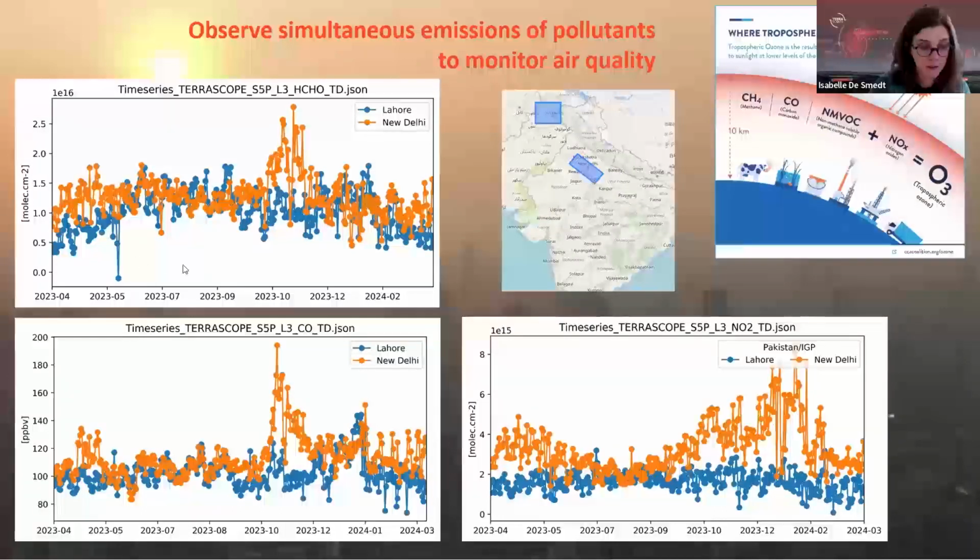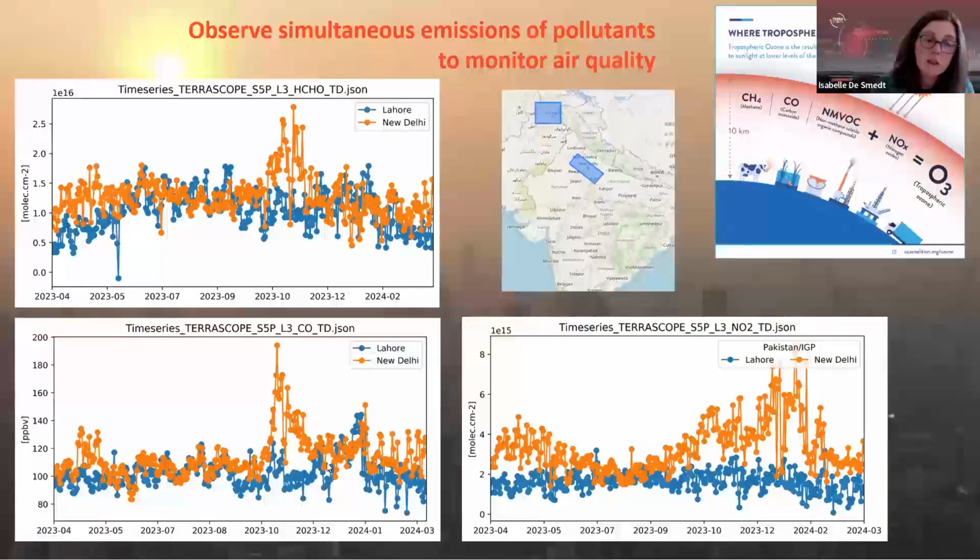You can see, for example, in the formaldehyde and CO columns, the strong increase around November over New Delhi, followed by another increase, a bit lower in intensity, around Lahore.